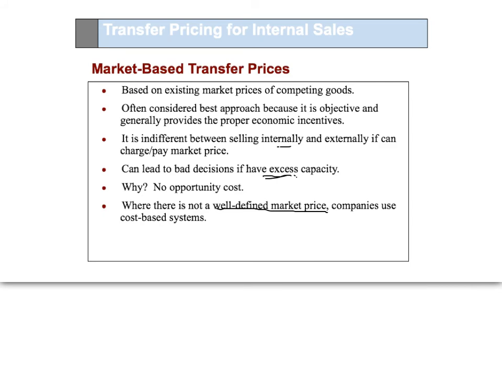It serves as a base to begin negotiations, but there are many problems with it. So the best thing, again, is negotiated transfer pricing. And this is all in order to encourage managers to act in an autonomous way, running their division as if it were a business, and have an artificial price for the goods that are transferred into their division.